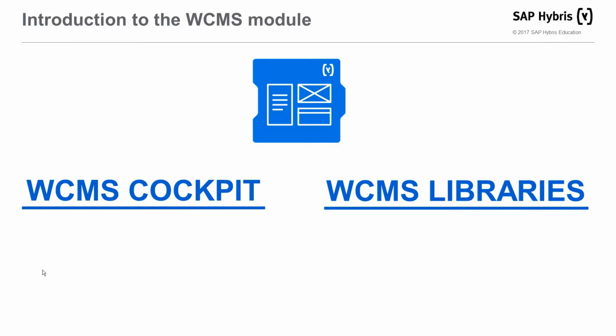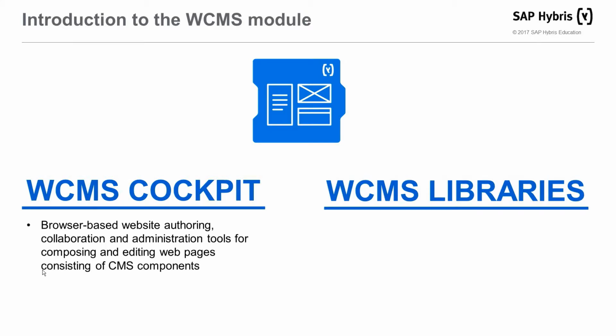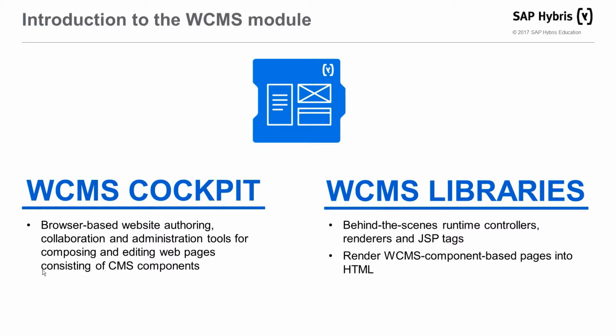The WCMS cockpit is a browser-based application used by page authors to compose or edit WCMS-based pages consisting entirely of CMS components, while the WCMS libraries are an extensive set of behind-the-scenes runtime controllers, renderers, and JSP tags used by a live, running storefront to render these WCMS component-based pages into standard HTML that is sent to the customer's browser. Since the WCMS libraries are only used by SAP Hybris Commerce software developers, we won't do much more than mention them from now on.